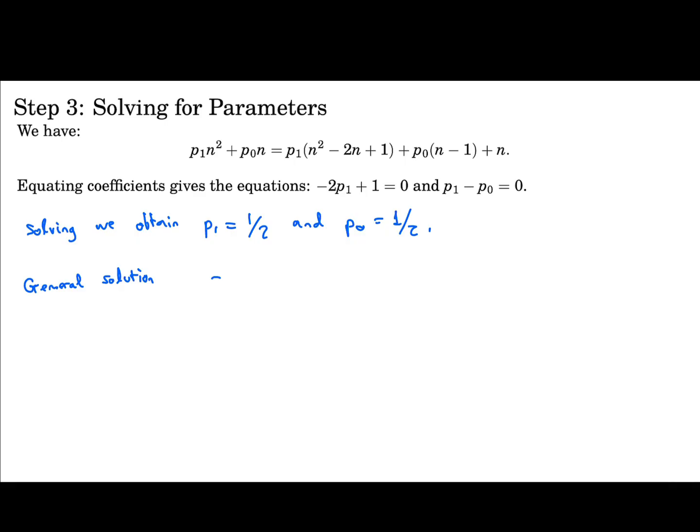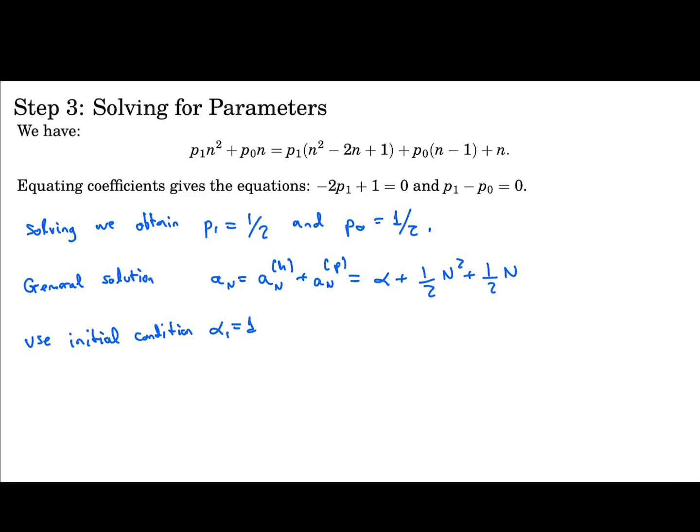And thus the general solution is a_n equal to the homogeneous solution plus the particular solution. The homogeneous solution was just the constant alpha, and for the particular solution, it's half n squared plus half n. Now we use the initial condition a_1 equal to 1 to solve for alpha.